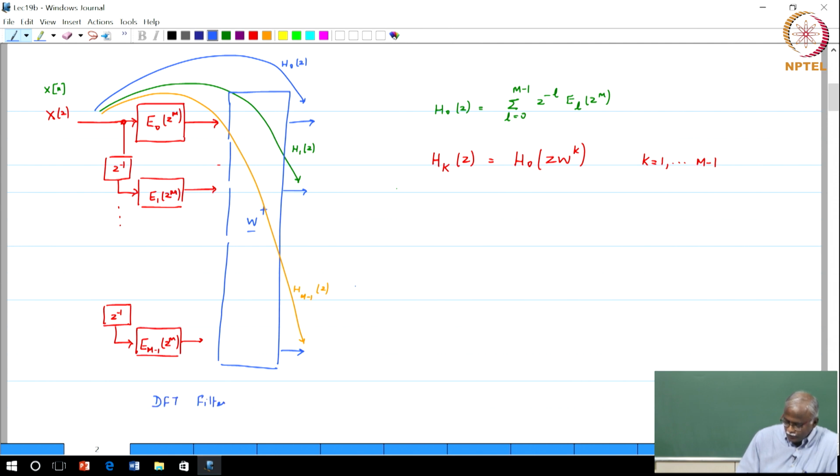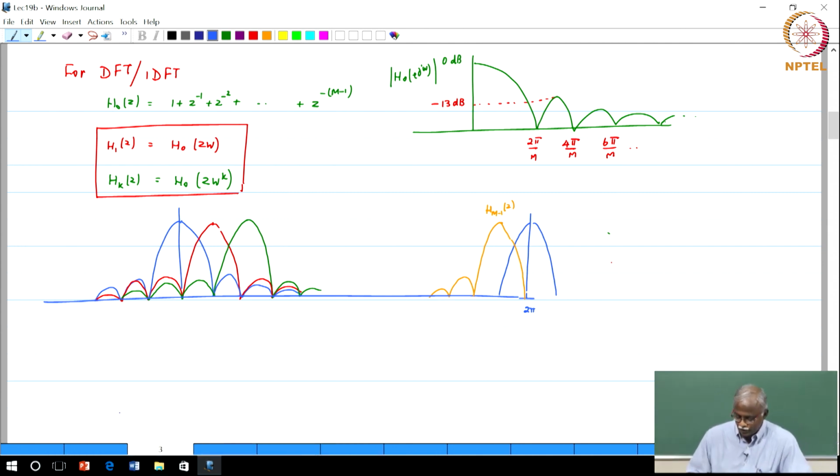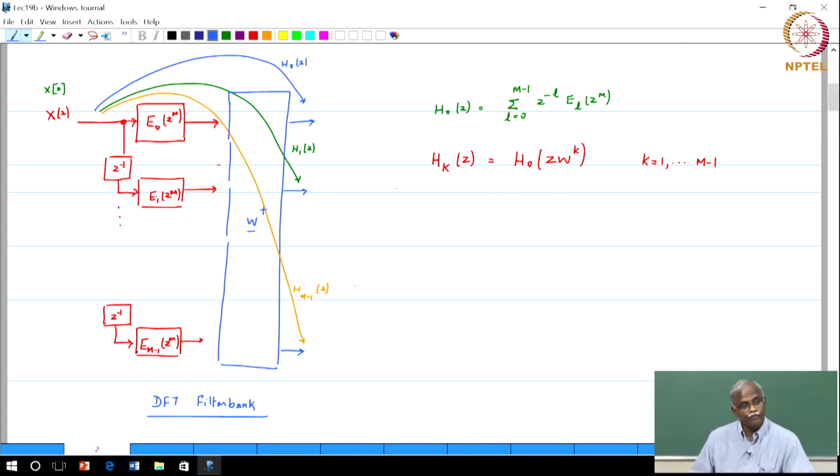We come back to this particular concept several times, but right now in this specific discussion, we are interested in the concept in the context of spectral analysis. Therefore we said that if we set each of these polyphase components to be equal to 1, then we actually get a filter bank where the underlying filter is a rectangular window.